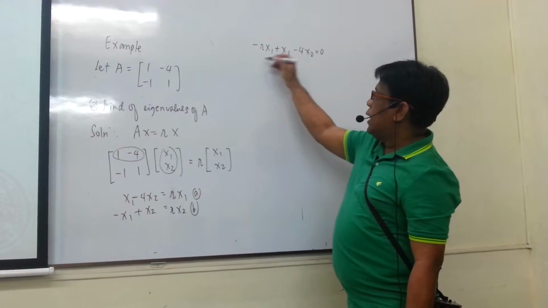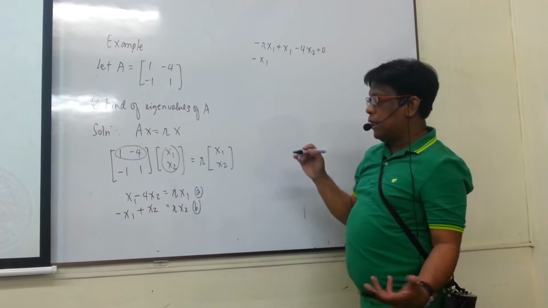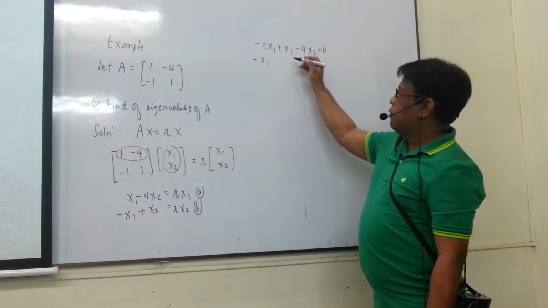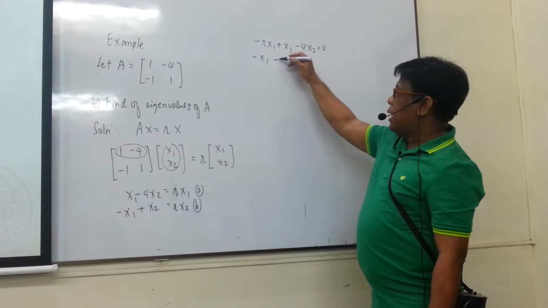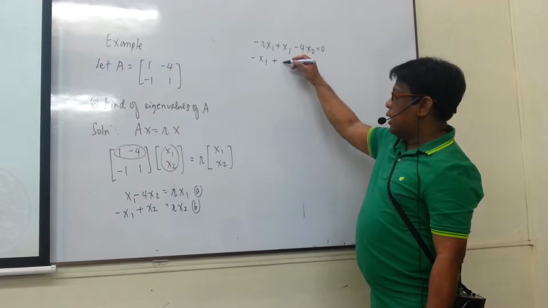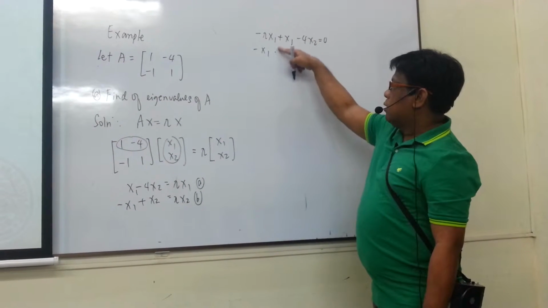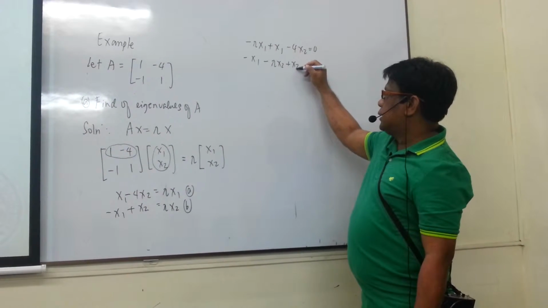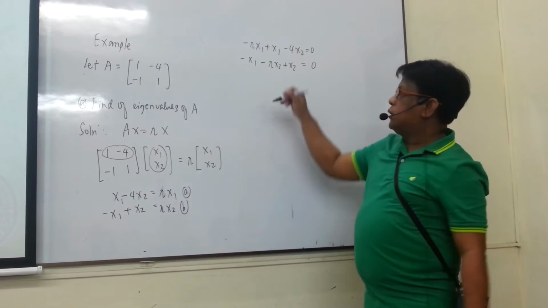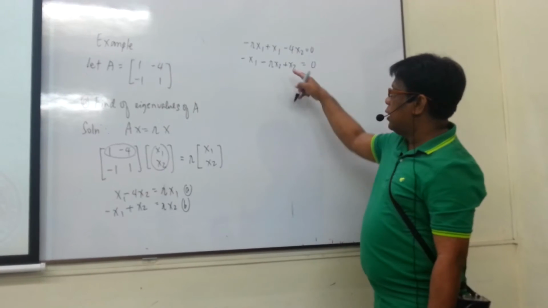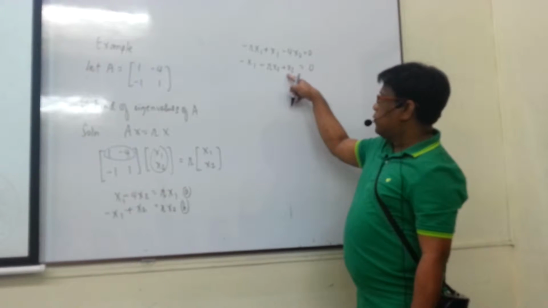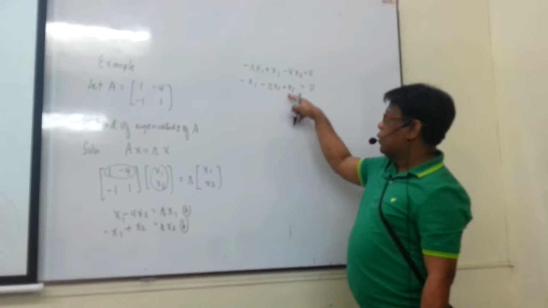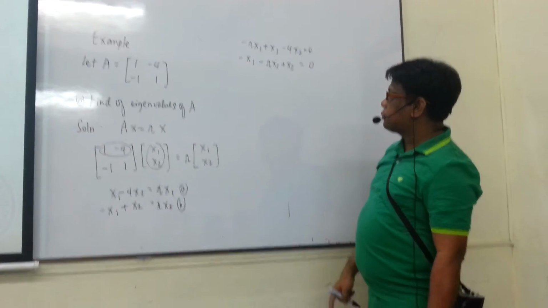Then we have negative x1, the x1 should be written first before the x2, then minus lambda x2 plus x2 equals 0. We should write lambda first before the other coefficient, which is 1 for x2.